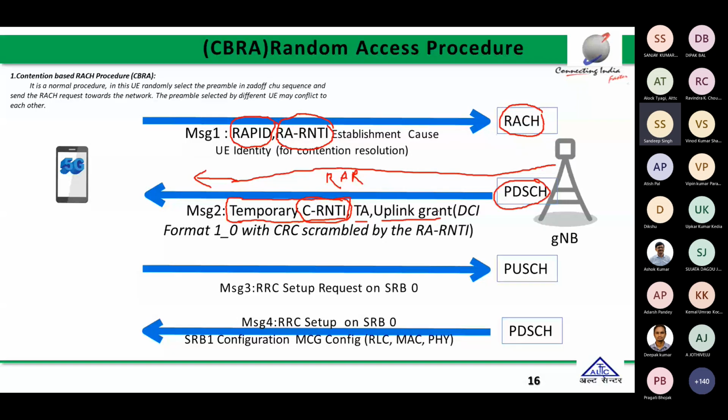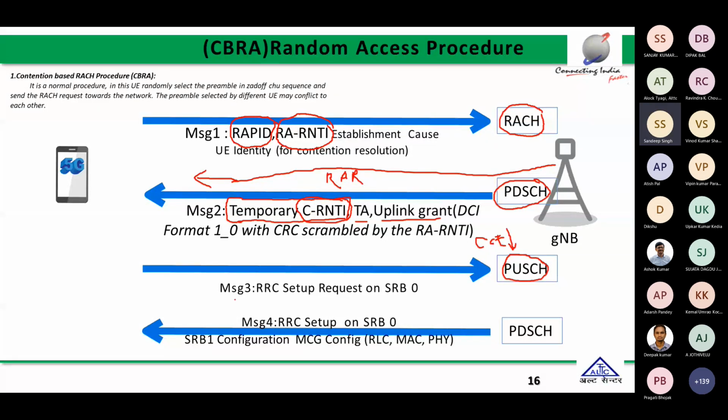After the scheduling grant, they are allocating the PUSCH resources, actually the control channel element, the CCE. The gNodeB allocates the CCE for the uplink for the mobile.